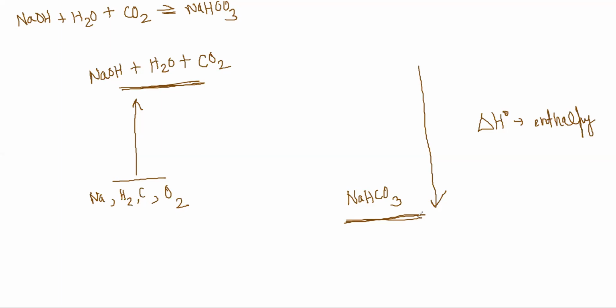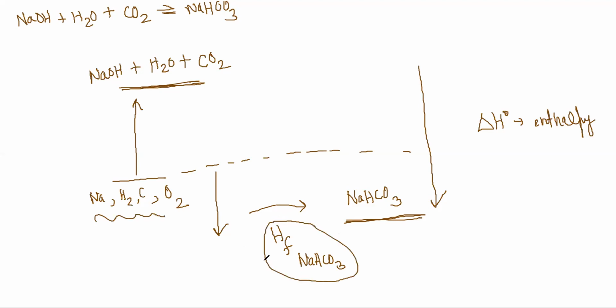If you went from all the elements in their elemental state and formed NaHCO3 directly, that gap is the heat of formation of NaHCO3. If you directly took the elements and formed NaOH, H2O, and CO2, it will be at some higher level. So that will be the heat of formation of reactants.